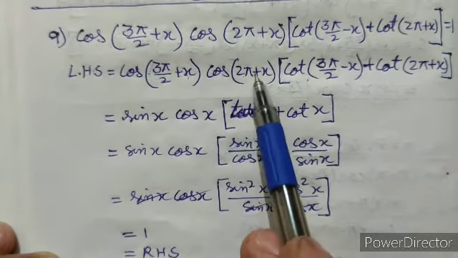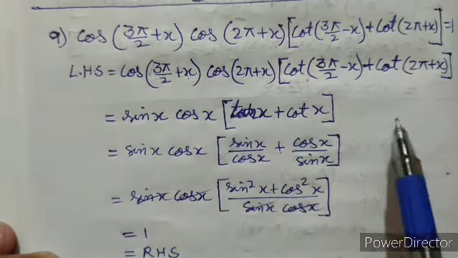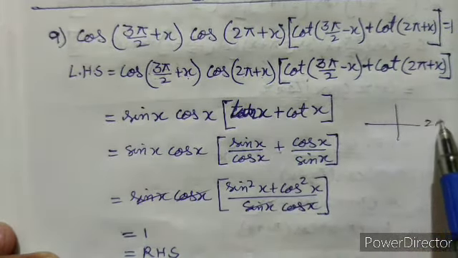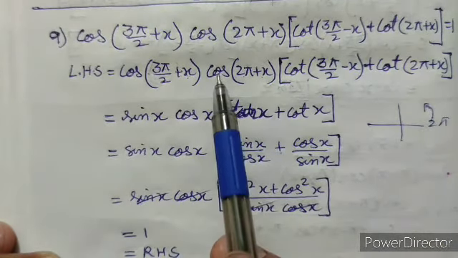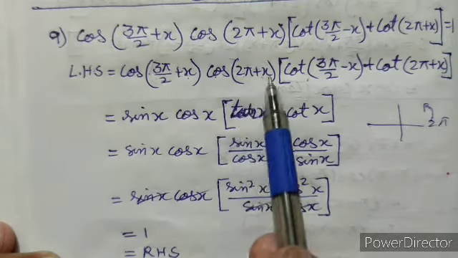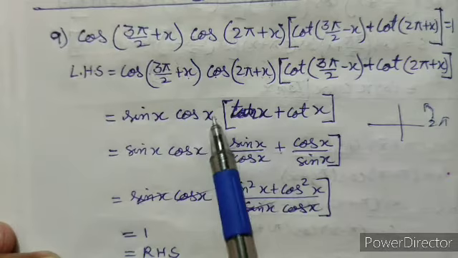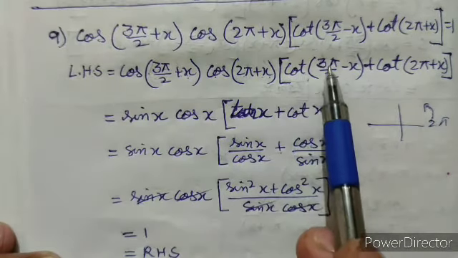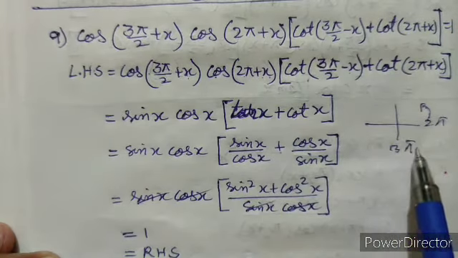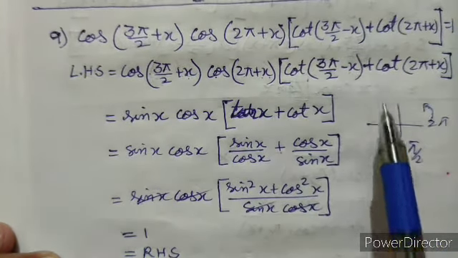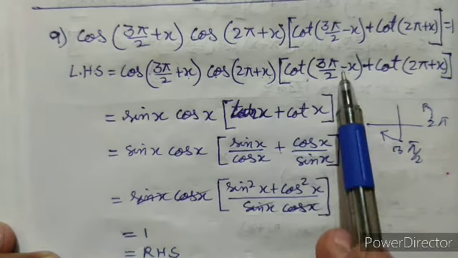Now cos(2π + x) will come in the first quadrant. Now this one is 2π, and 2π + x will be in first quadrant. And in first quadrant, all the trigonometric functions are positive. So cos(2π + x) will be equal to cos x. Again here, cot(3π/2 − x) lies in third quadrant, and in third quadrant cot is positive.